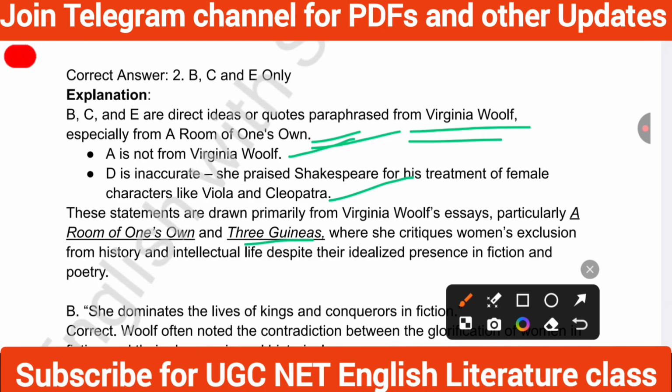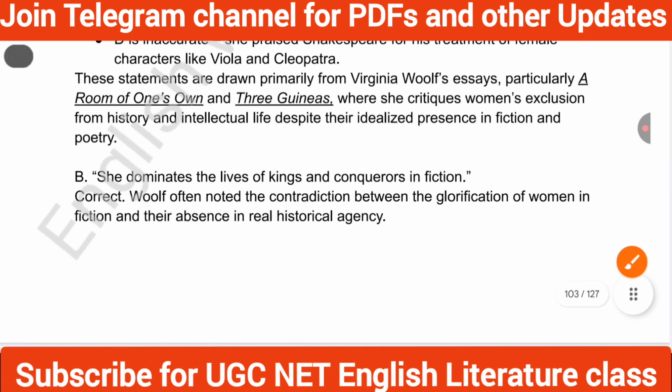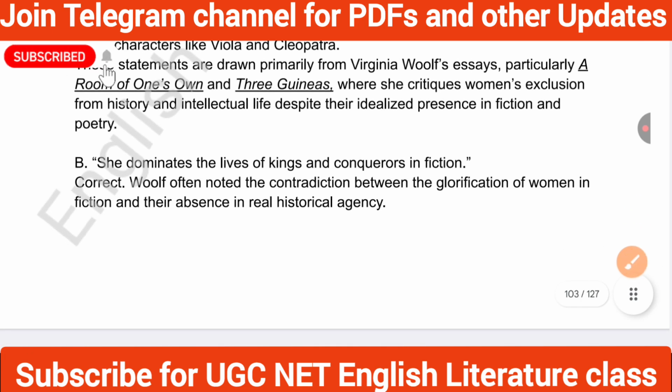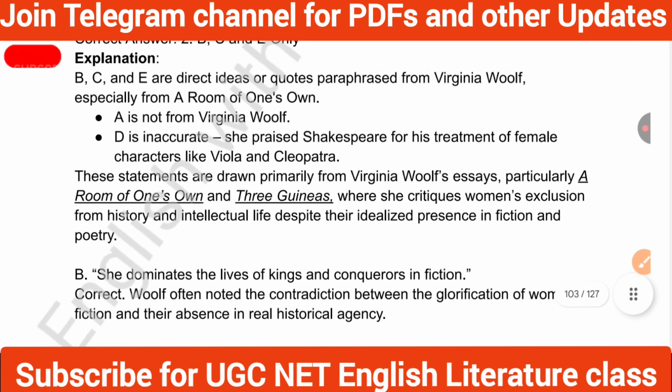How the women represent themselves through their work in history, what they have done, but still they somehow disappeared and were dominated by the male class. So this is what she has tried to convey to us. So this was the correct statement.